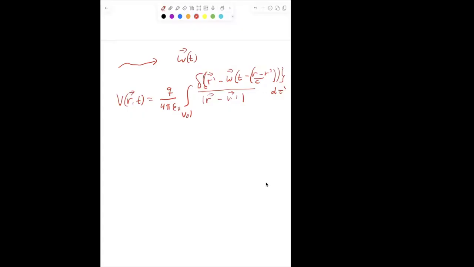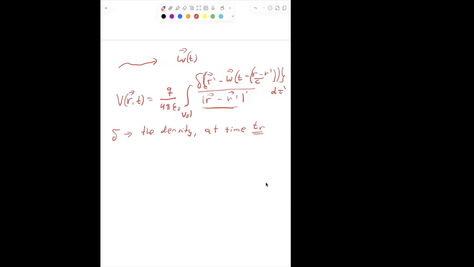So what do I have here? I have the usual 1 over R dependence. And what is this delta function? The delta function is the density, but at what time? At time t_r, not t_m. This is really t_r.